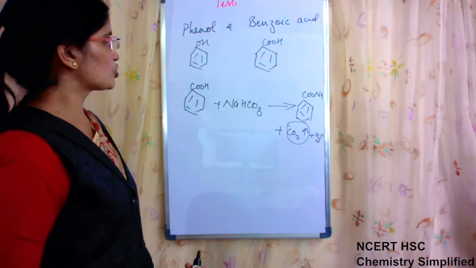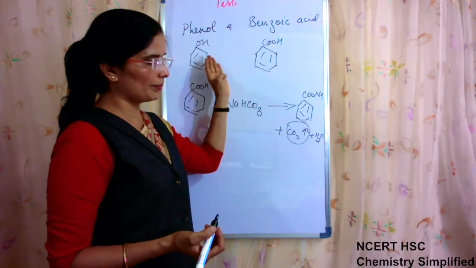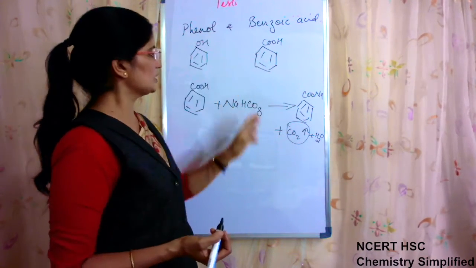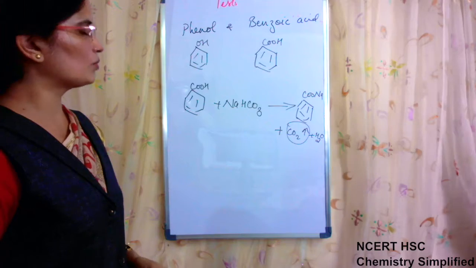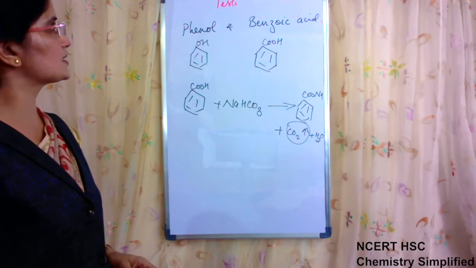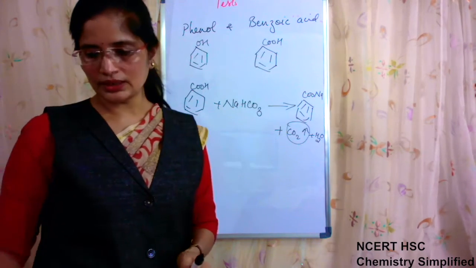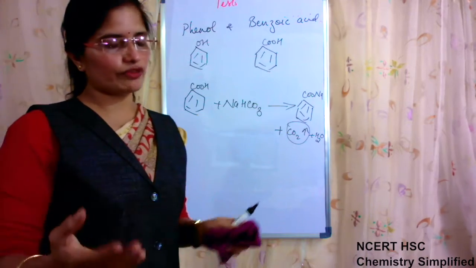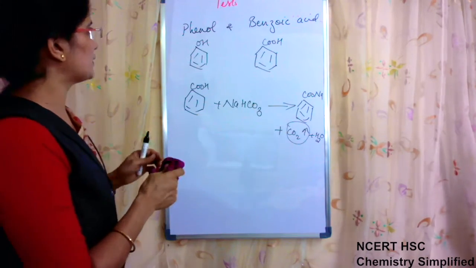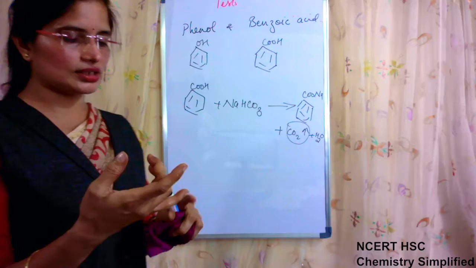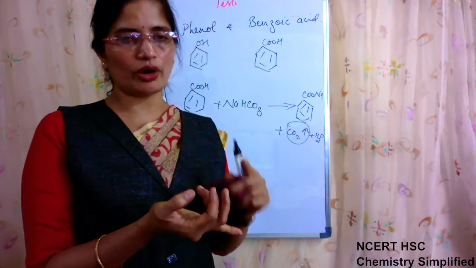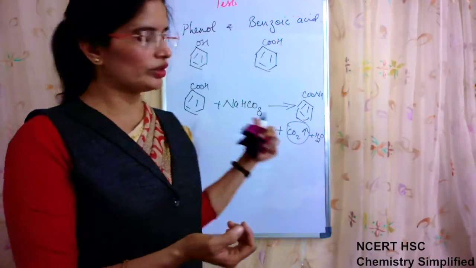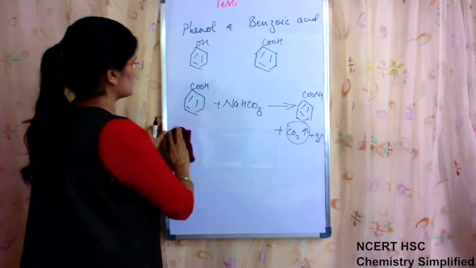So this is a pair which can be distinguished using the sodium bicarbonate or sodium carbonate test. So the tests for this particular chapter will revolve around these three only. Either you will be using iodoform, or you will use Tollens, or you will use this test, maximum.